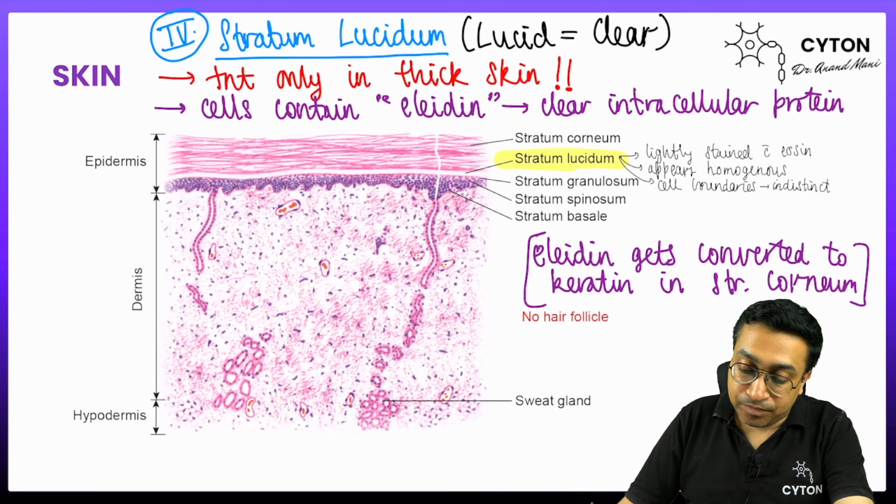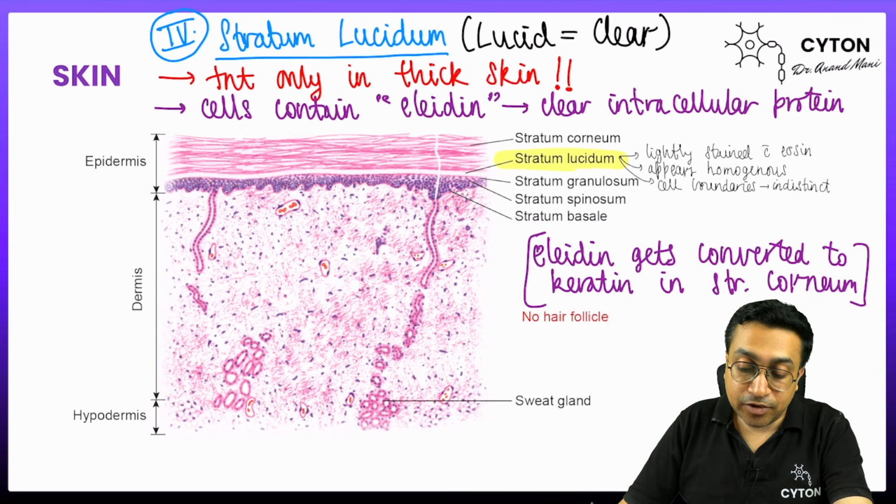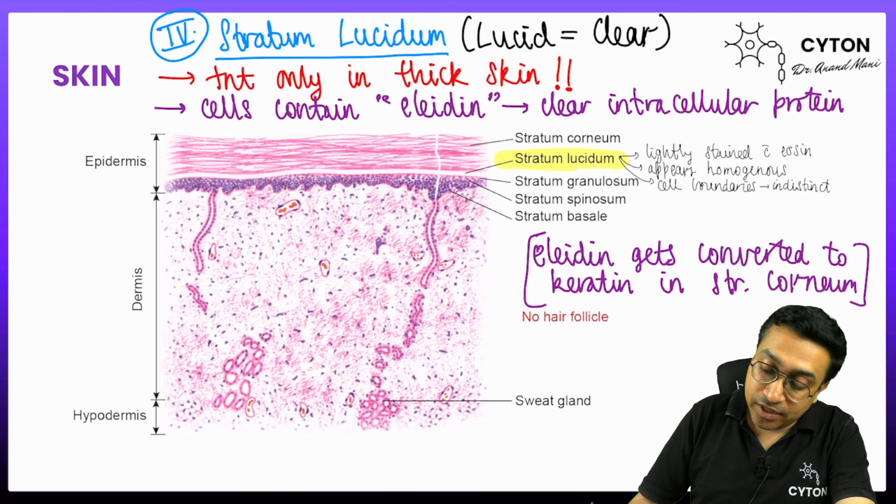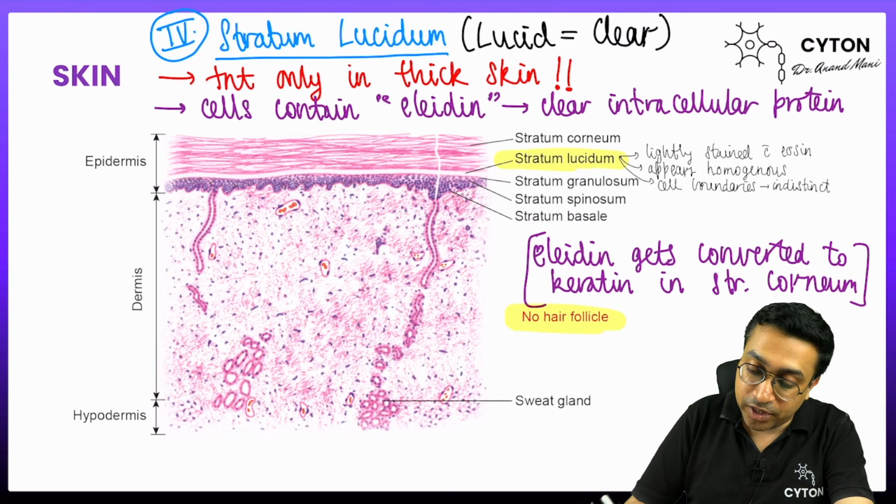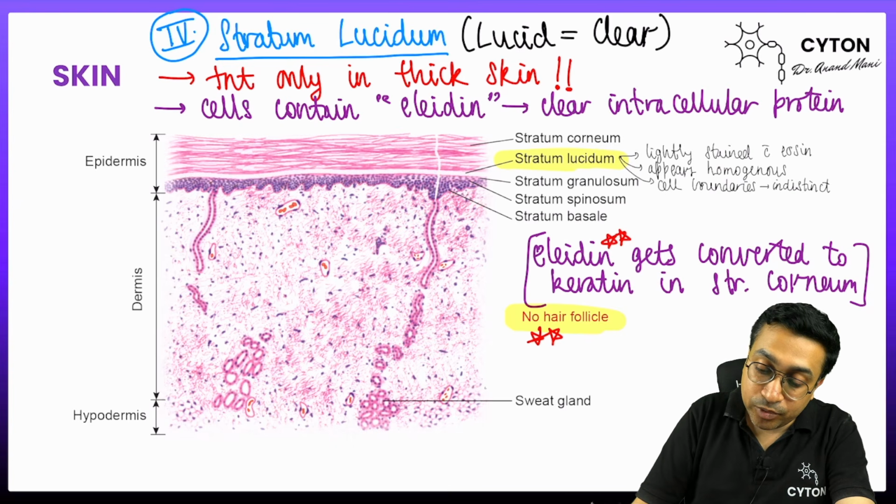And so this is about the stratum lucidum. This is present only in the thick skin, and you know thick skin has no hair follicle. Extremely important point to remember again. These are certain viva questions which you can remember.